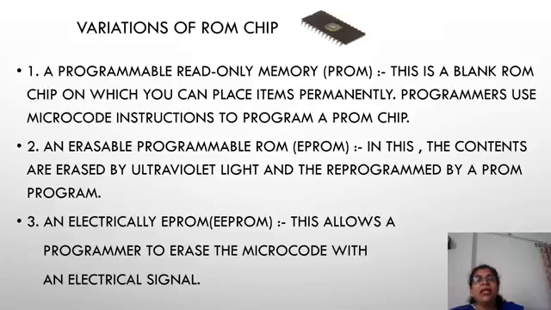In this, the contents are erased by ultraviolet light and then reprogrammed by a PROM program. You can write on it, meaning you can change it, and whatever is there earlier you can erase it. And electrically EPROM. This allows a program to erase the microcode with an electrical signal, not the ultraviolet light.